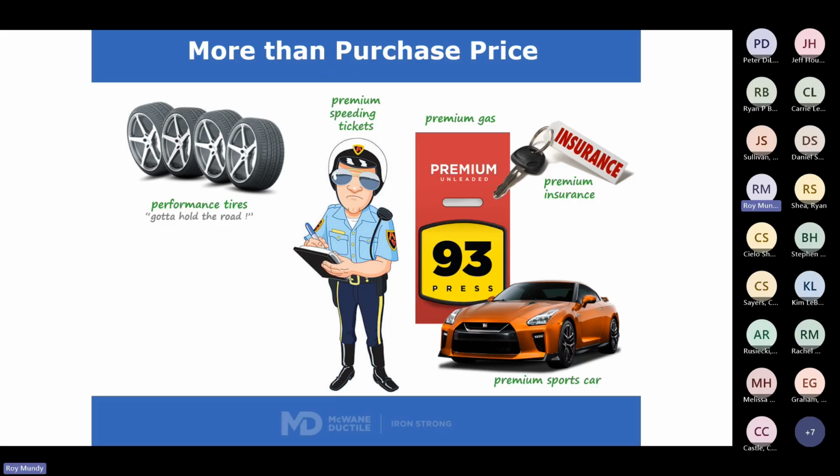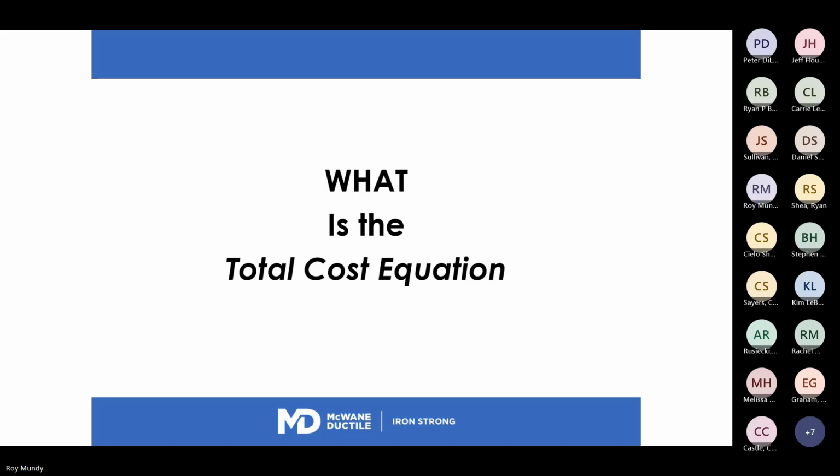But I shared this story basically to say that the original price of that car went far beyond just the sticker price. And there are other things that should be taken into account, just like when you select pipeline material in terms of your underground infrastructure.